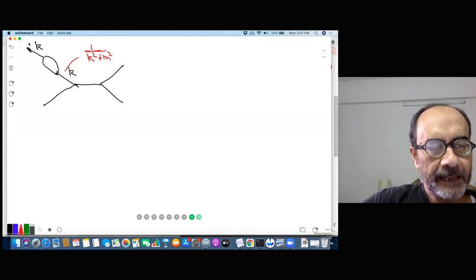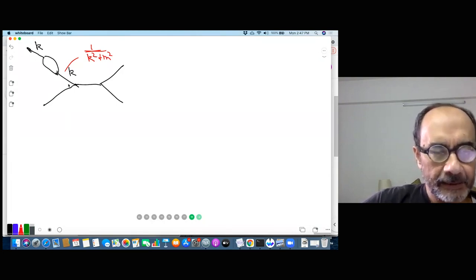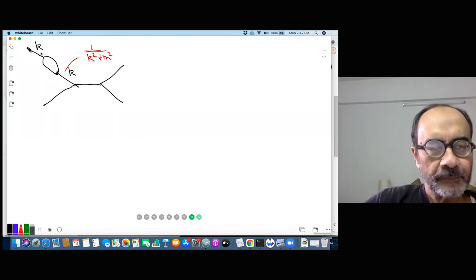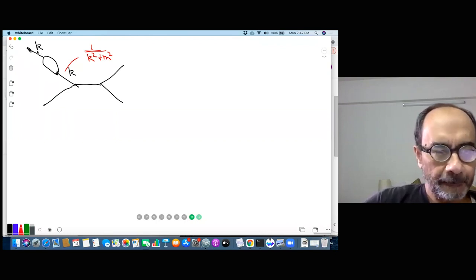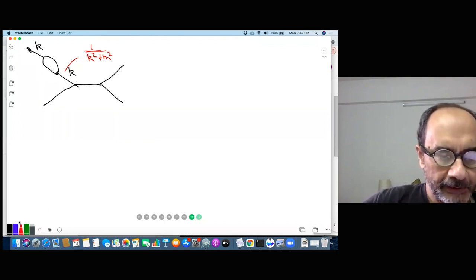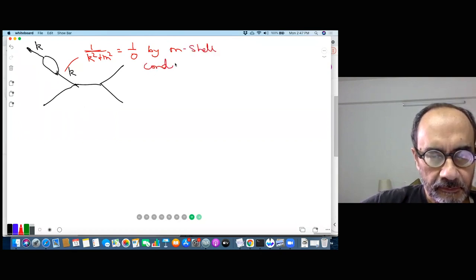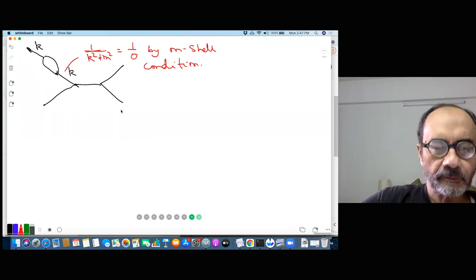If the external line is the same particle, then the on-shell condition on the external line forces k square plus m square to be 0. So this is 1 over 0 by the on-shell condition. This is a Feynman diagram where you will encounter divergence in quantum field theory if you naively try to sum over Feynman diagrams.